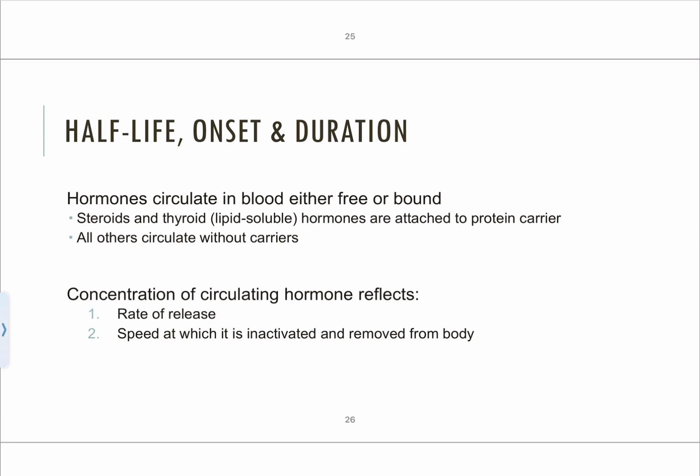All others, our water-soluble ones, our amino acid-based derivatives, can all circulate in our blood without any sort of carrier because they are water-soluble. The concentration of circulating hormone is going to reflect the rate at which the hormone is being released and the speed at which it is inactivated and removed from the body.